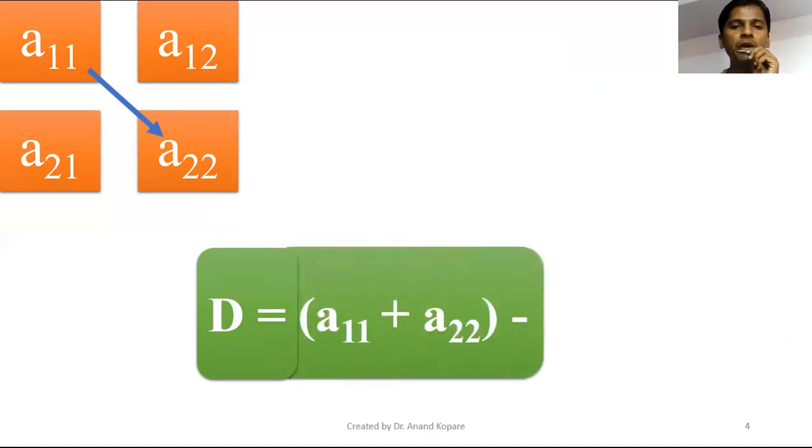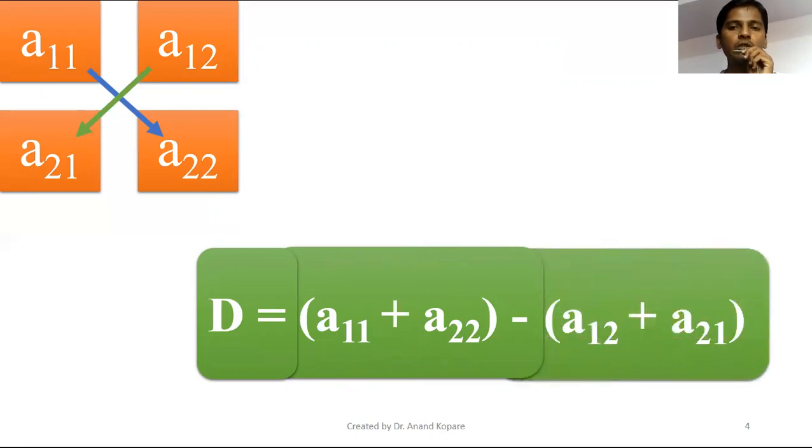So D is equal to A11 plus A22 minus, and the second arrow helps you prepare the rest of the formula, that is minus A12 plus A21. Put in the values of those A's and find the value of D.